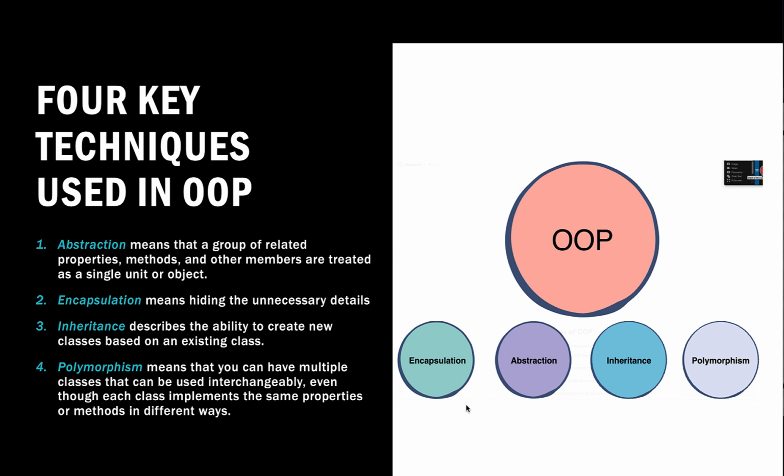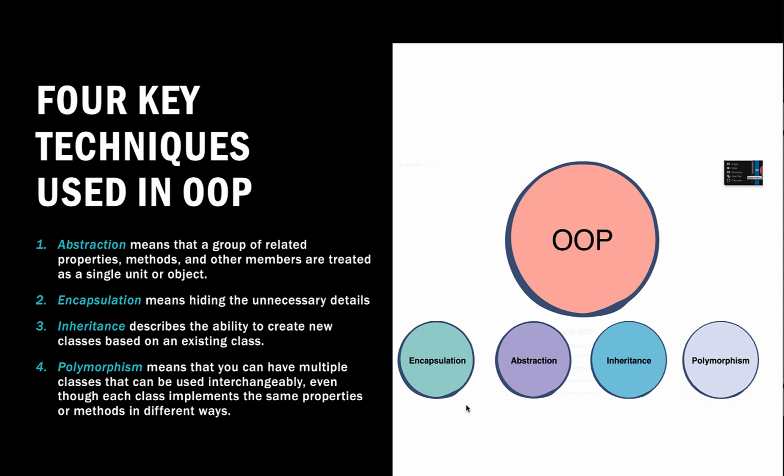Then the third one is inheritance. Inheritance is like a child class inheriting data and behaviors from a parent class. Inheritance allows classes to inherit features of other classes. Put another way, parent classes extend attributes and behaviors to child classes. Inheritance supports reusability. That is one major advantage that it has.